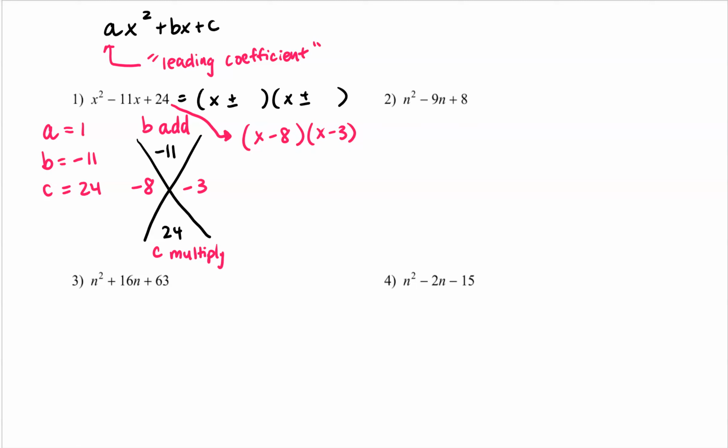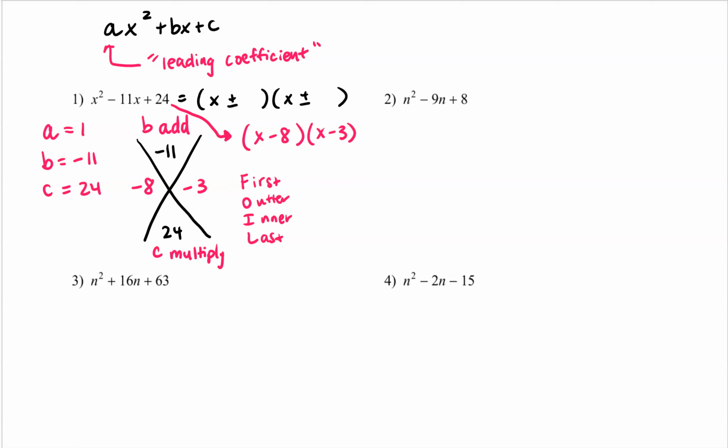And one way that we can check our answer is correct is to multiply out the factored form using a method called foiling. If you've heard of foiling before, it is an acronym. It stands for first, outer, inner, last.